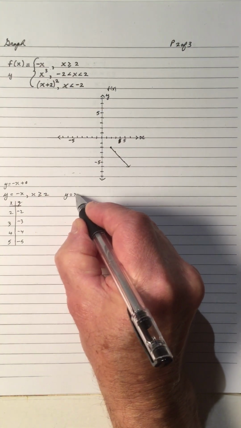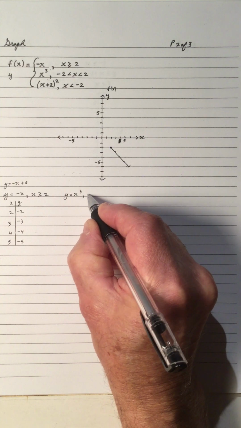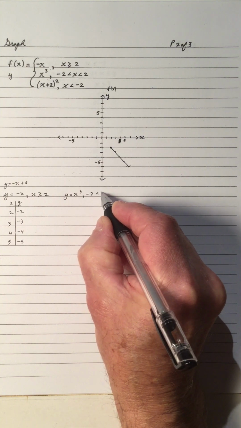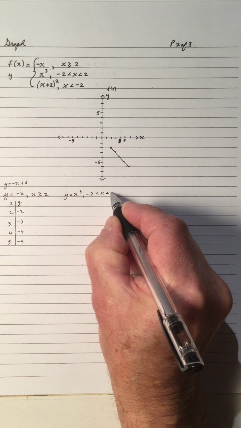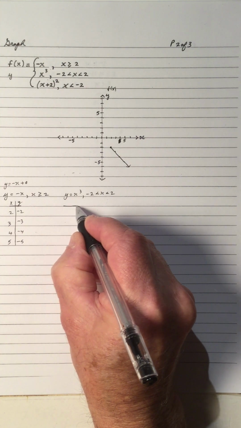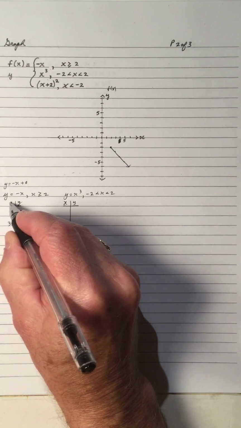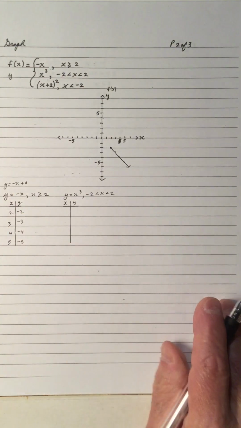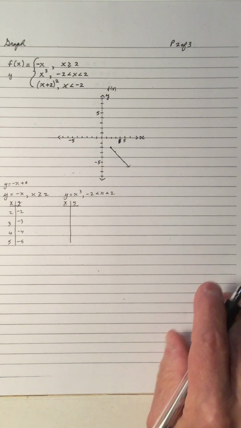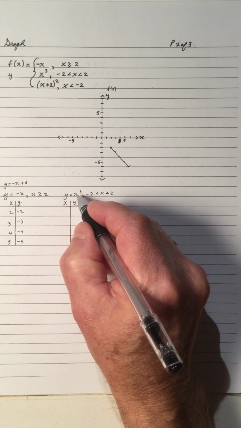y equals x cubed, and we're doing the cube over the interval of negative 2 less than x less than 2. If you did the review, or I'm assuming you're in pre-calculus on piecewise functions, so you should know what x cubed is.